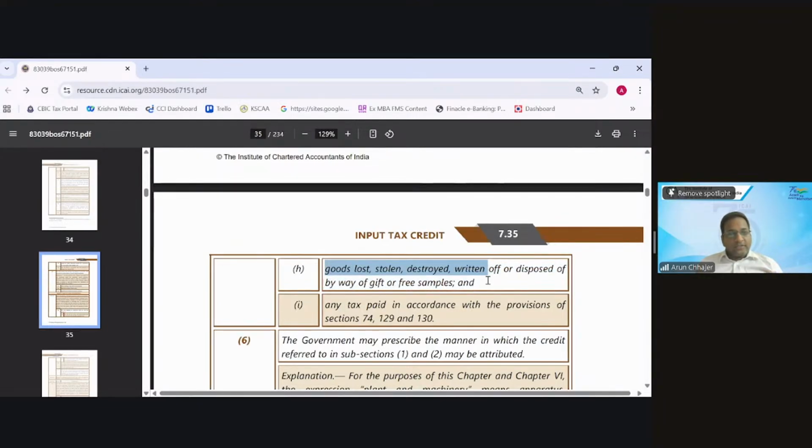Goods lost, stolen, destroyed, written off, disposed of by way of gift or free sample, even disallowed on income tax CSR expenses.